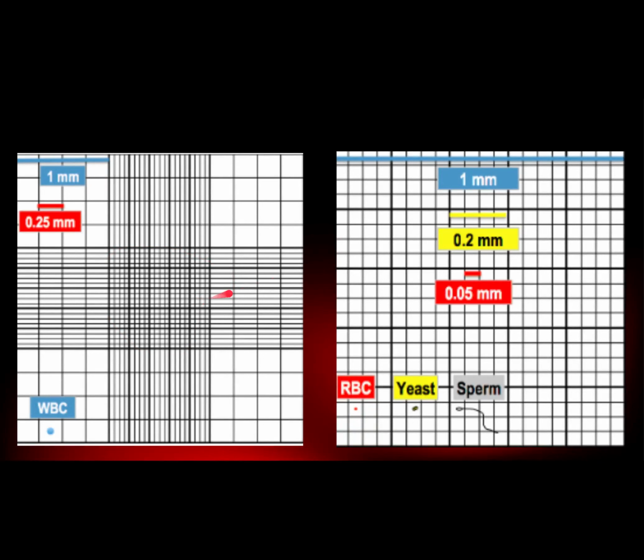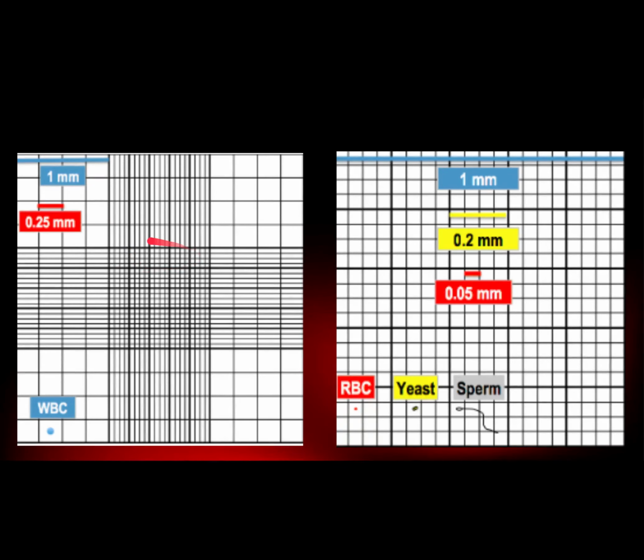Allow me to repeat the whole part that I just said. In our counting chamber, we have 9 large squares. Each square is sized 1 millimeter by 1 millimeter. The 4 large corner squares are further subdivided into 16 squares, and in those 4 large corner squares is where we count our WBC, or white blood cells.